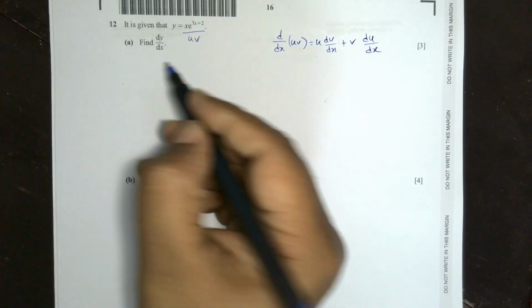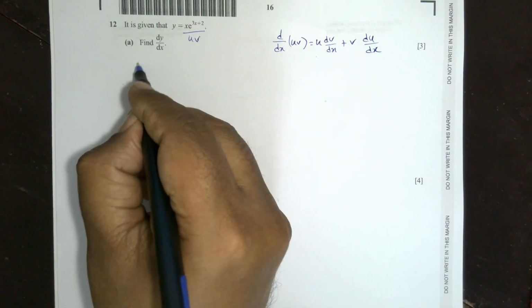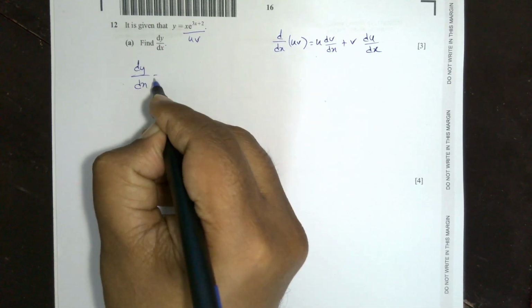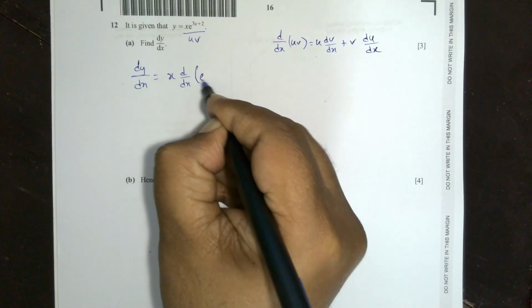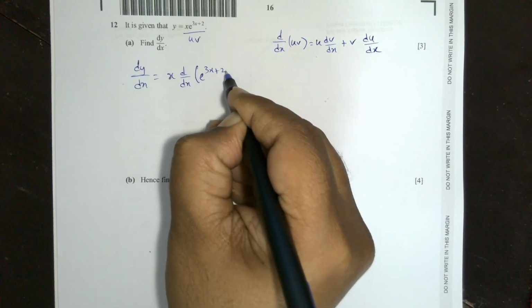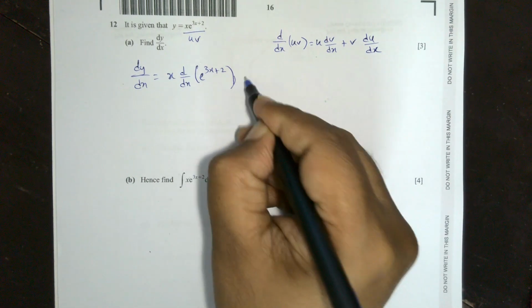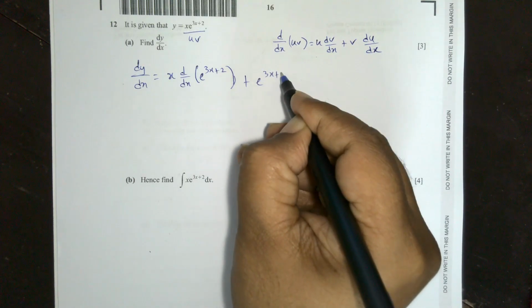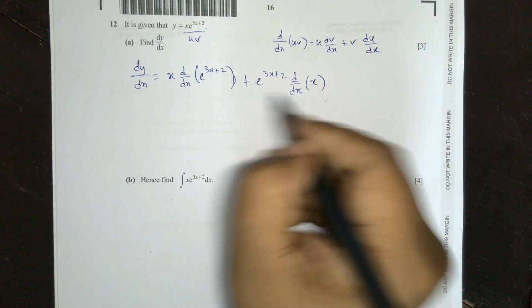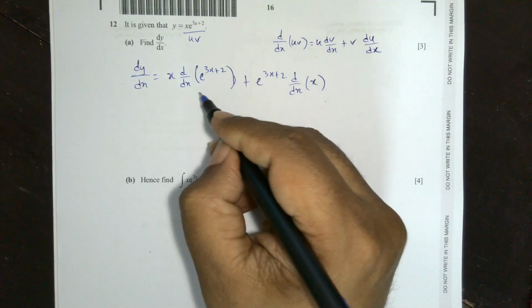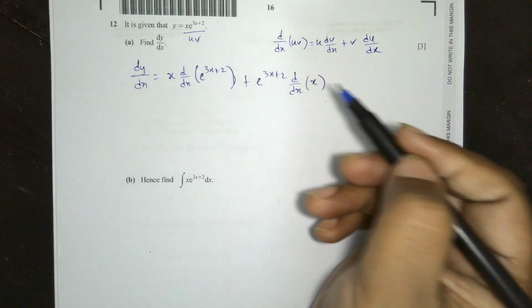So now I can write dy over dx as x times d over dx of e to the power 3x plus 2 plus e to the power 3x plus 2 times d over dx of x. This line is not necessary. You can do the differentiation directly, but I'm just writing for the sake of writing.